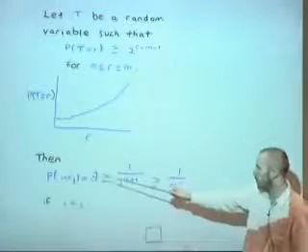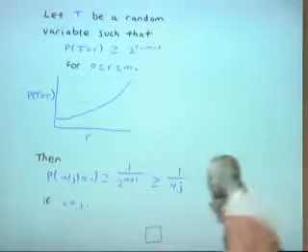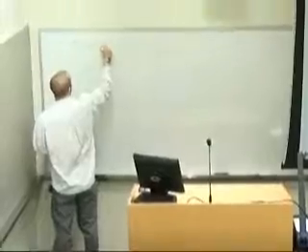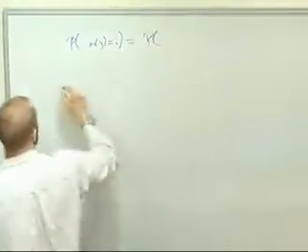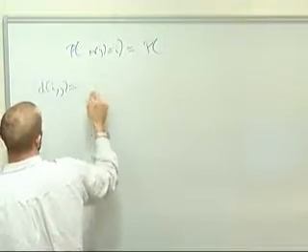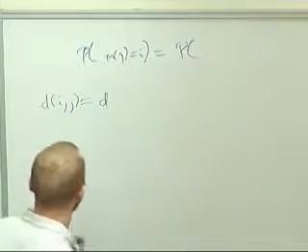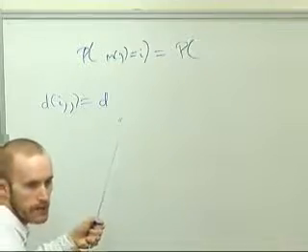So you end up with, maybe I should have done more steps. Probability that the match of j equals i equals the probability that, let's say the distance between i and j is d. So this is the probability that the match of j is i, the probability that they do in fact collide after d steps.